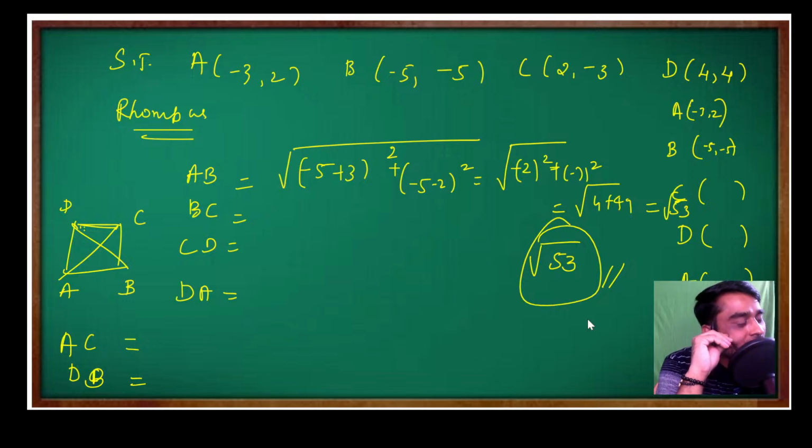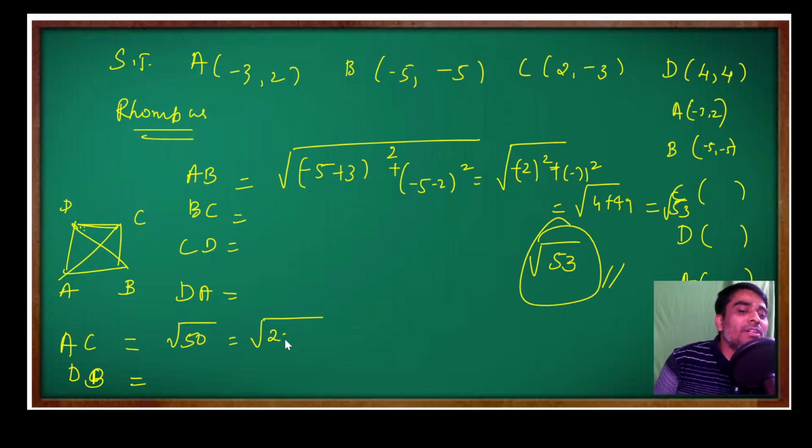AC is root 50. Break it: 50 is 25 into 2. How to break? I will tell you.